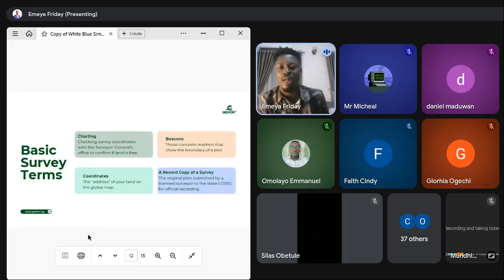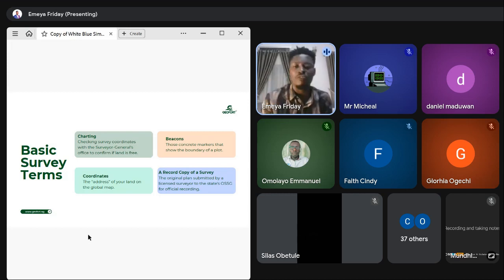I already spoke about the record copy of survey. That is the original plan submitted by the registered or licensed surveyor to the state office of the surveyor general for official recording. So when you do your survey and say you've registered your survey, that survey must proceed to be registered or lodged with the state surveyor general.